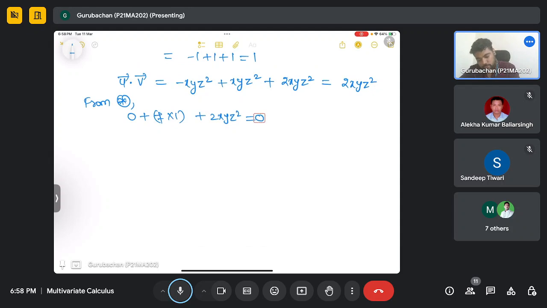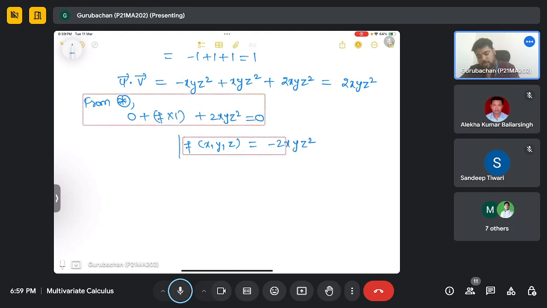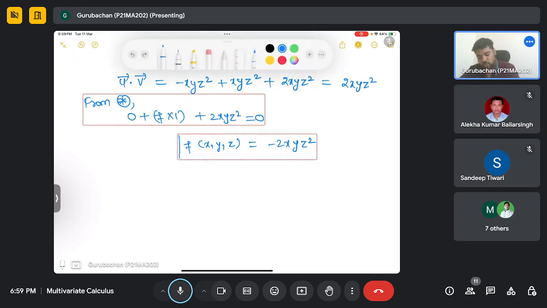Now f x y z will be nothing but minus 2xyz. So this is the simple way to do the calculation directly.